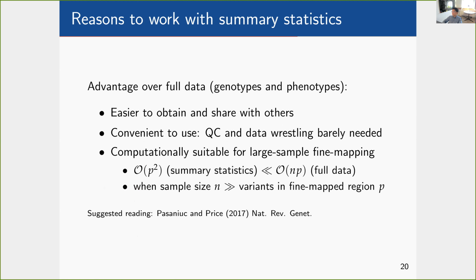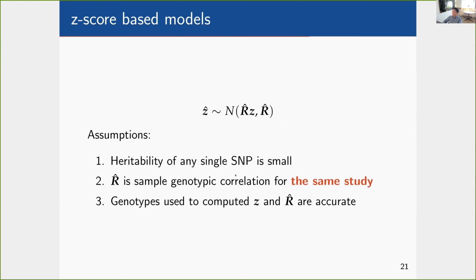There are advantages to using the sufficient statistic versus the summary statistic, even though you have the original data, because computationally, if your sample size is much larger than the number of SNPs, then using the summary statistics can give you additional computational advantages.